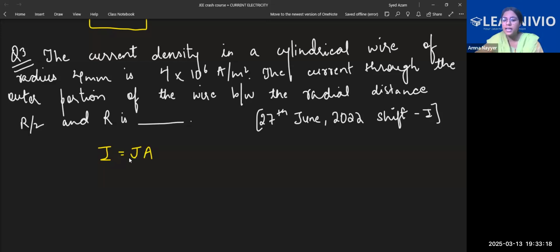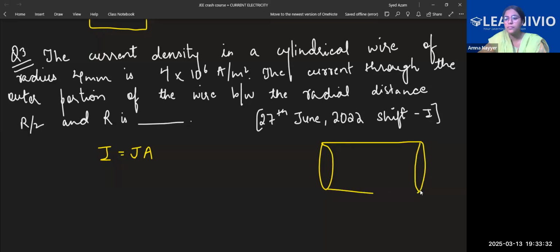Now, what's the current density? It's given as 4 into 10 to the power 6. Regarding the area, this is a cylinder and there's a concentric one. Concentric means inside this you have a cylinder as well.